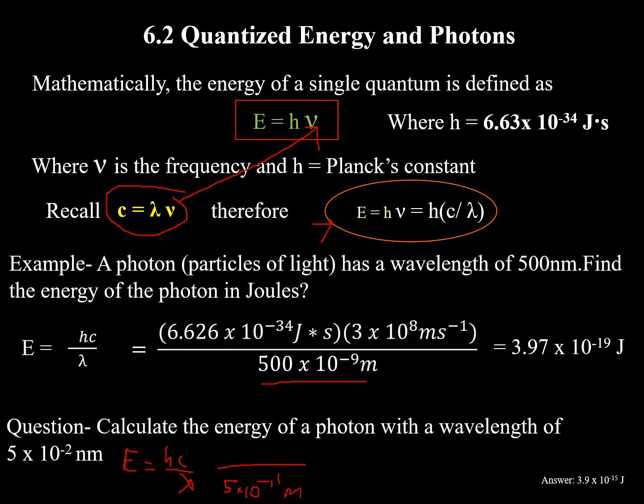So when we multiply this out, hc, we get 3.9 times 10 to the -15 joules.